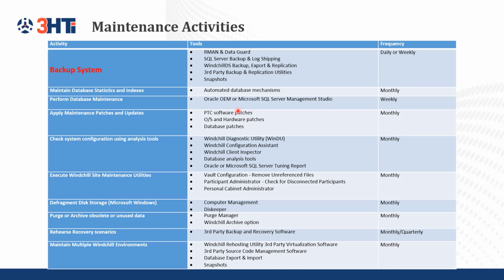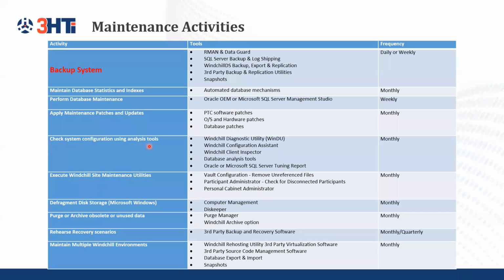And then there's also what are called critical patch sets. Those are only recommended to be applied when necessary or called for. But if you do want to remain on the very latest up-to-date version of Windchill that you're on, that can be done.